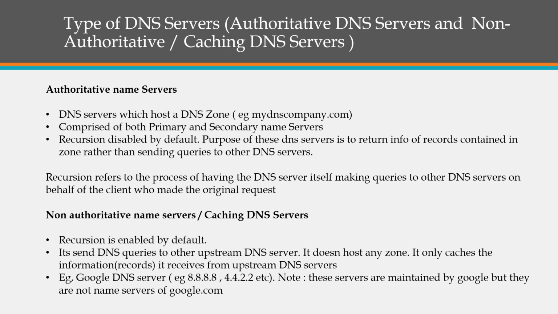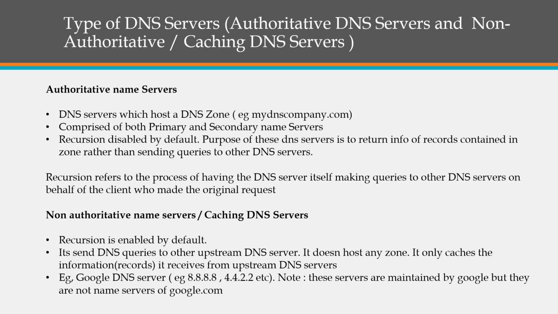Now let's get to the next topic, the types of DNS servers. They are mainly classified into authoritative DNS servers and non-authoritative or caching DNS servers. Let's see what authoritative DNS servers or name servers are.